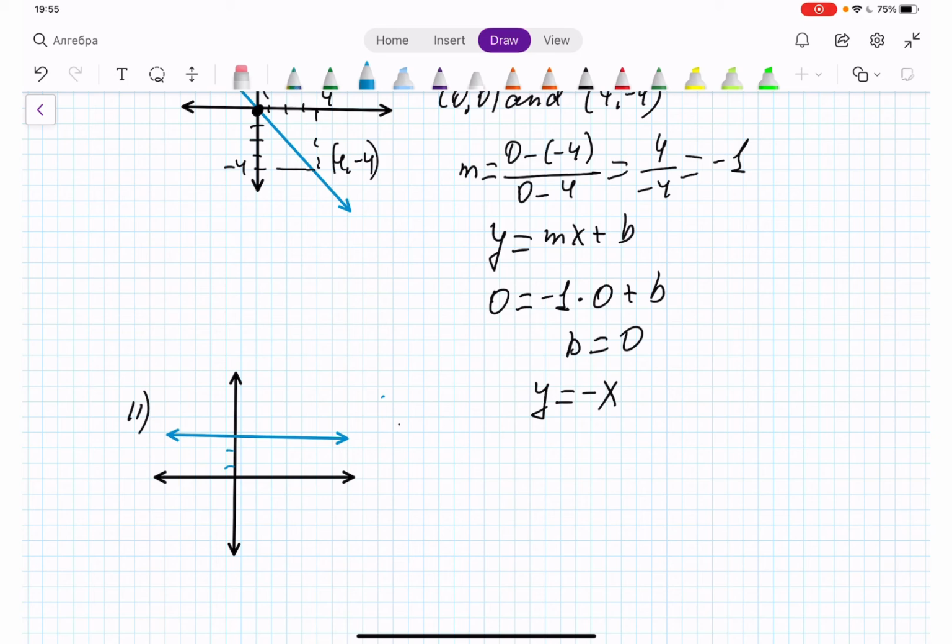One, two, let's say this is 3. Take 2 points. One is here and the other one is here.